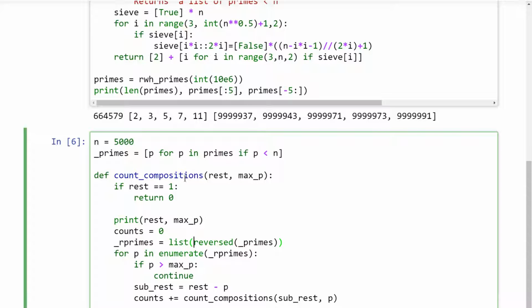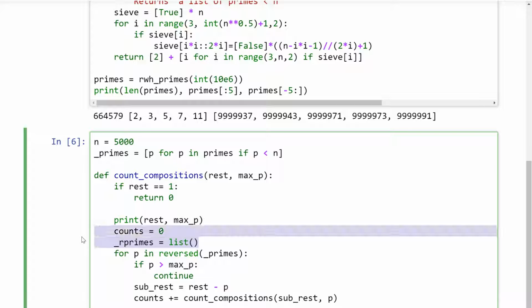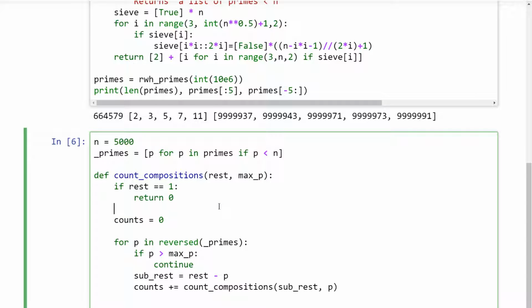Also, it may be better. Yeah, we'll deal with that in a moment. So, I guess return counts. Okay, but so far we're not incrementing anywhere because all of this always returns 0.